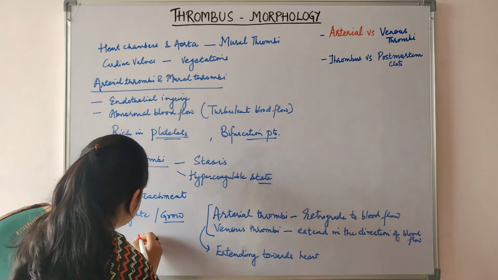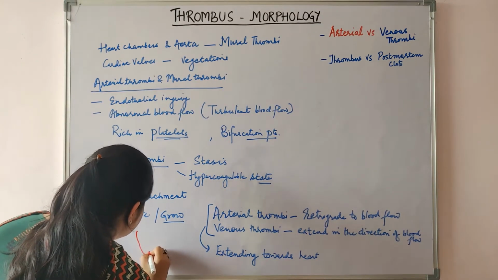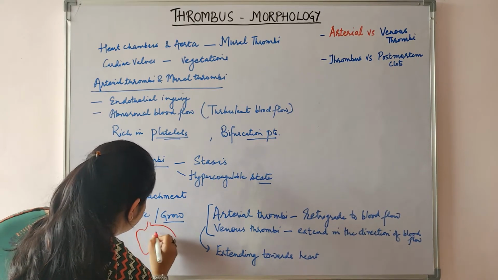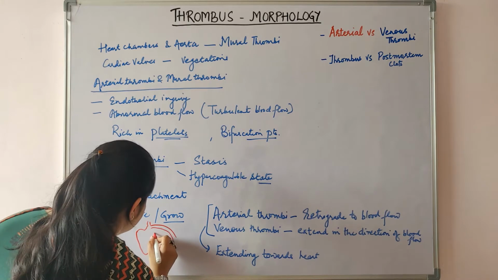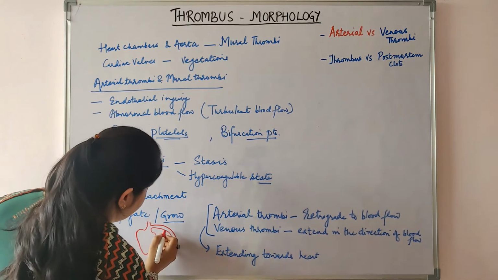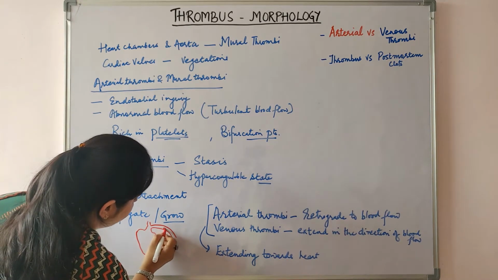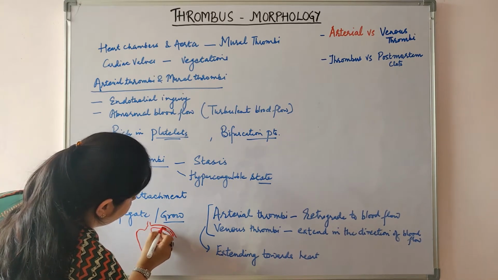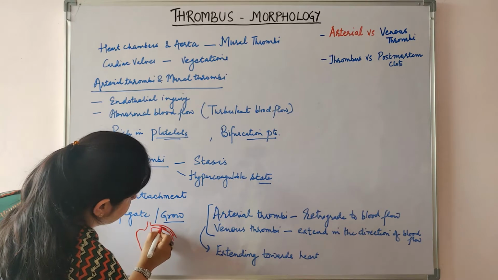So we can understand this with the help of a simple diagram. This is an artery. So this is thrombus formation and this is the direction of blood flow. And here the thrombus tends to propagate in this direction.